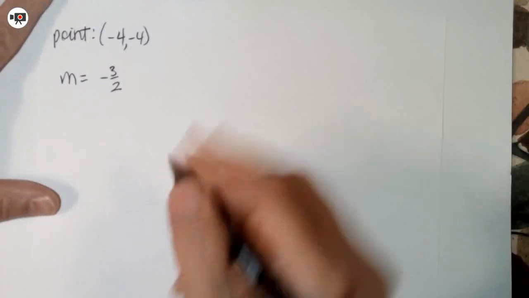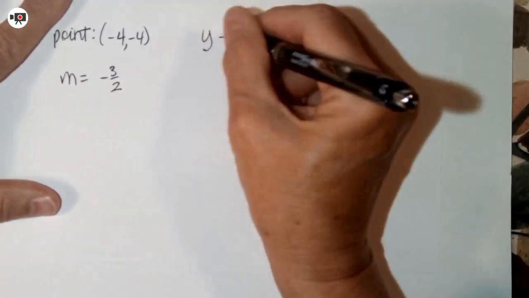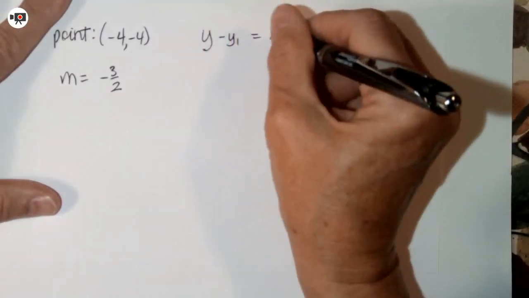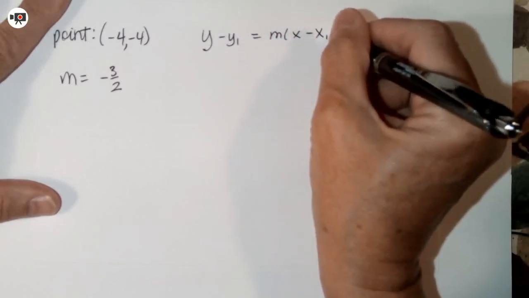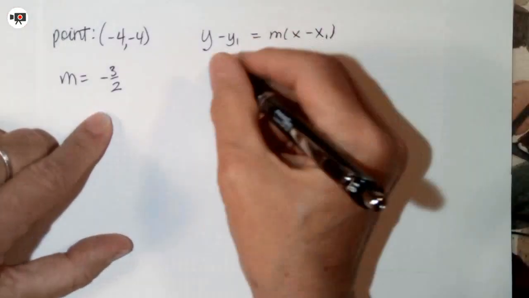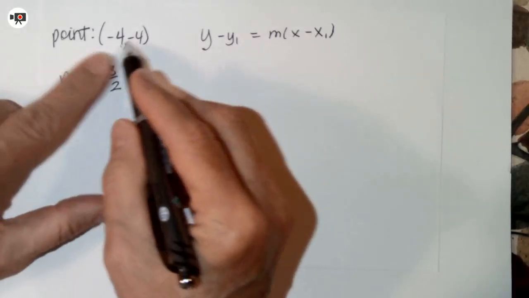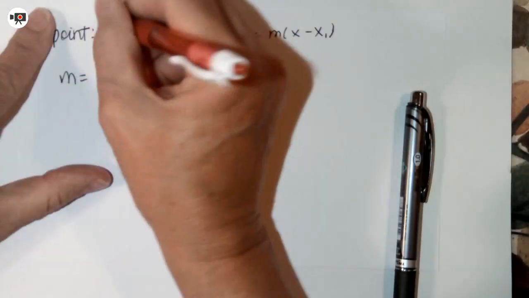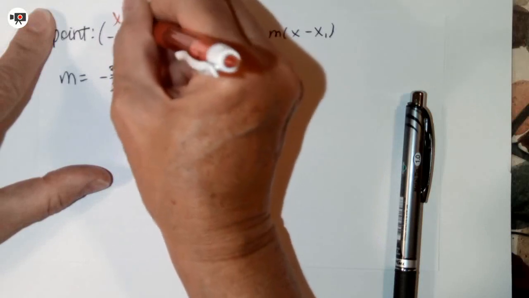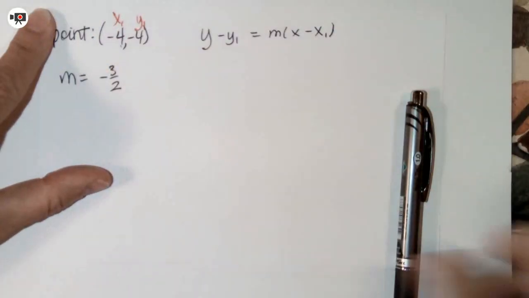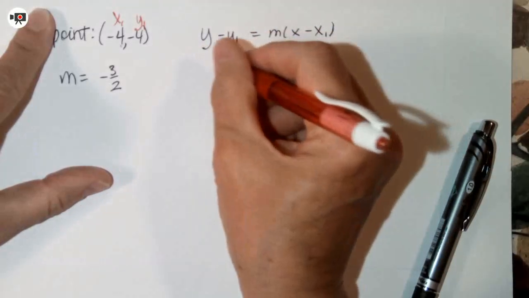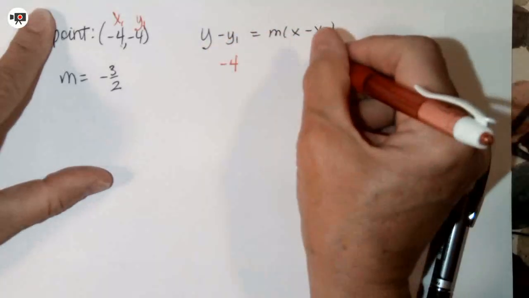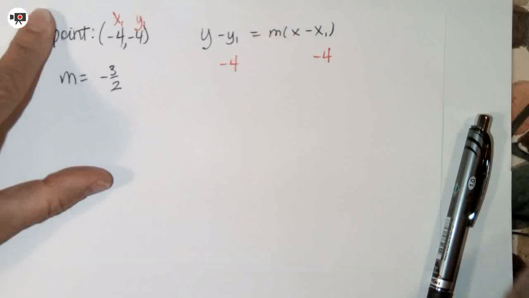I'm going to start with point slope form: y minus y sub 1 equals m times x minus x sub 1. Okay, fill that in. This is my x sub 1 and my y sub 1, and here's my slope. So in here, my x sub 1, I'm going to put a -4. My y sub 1, I'm going to put a -4.